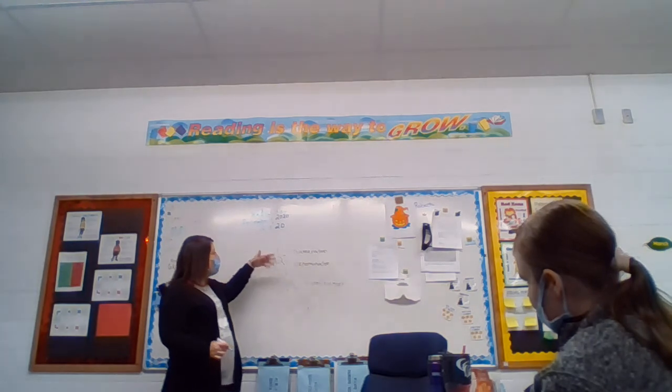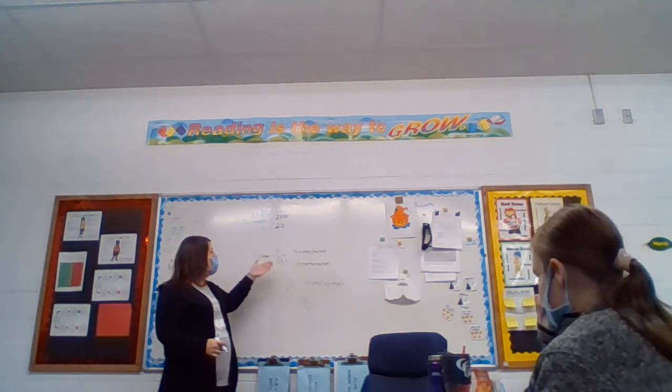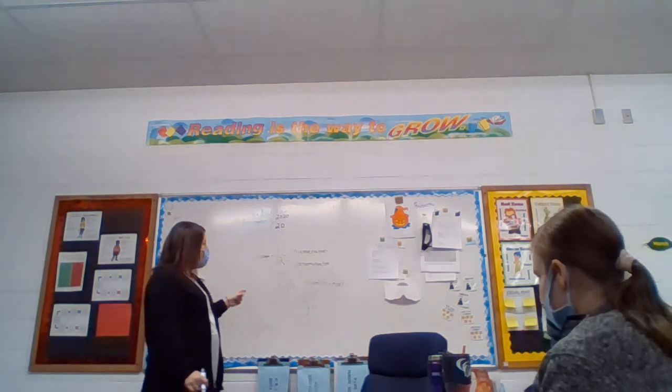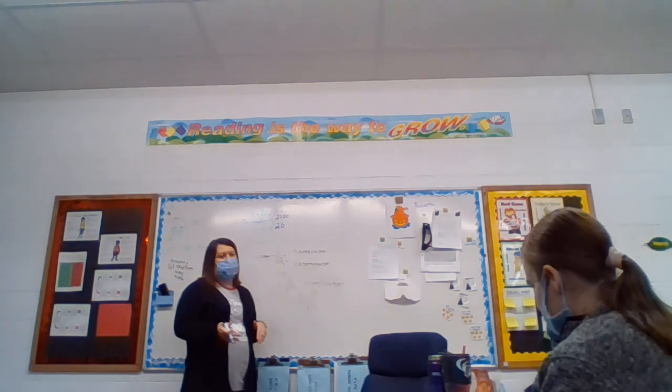It's not proper. A proper fraction would be when the smaller number is in the numerator and the bigger number is in the denominator. So what would we call it if it's not proper? What's the opposite of proper? What do you think? It would be improper.